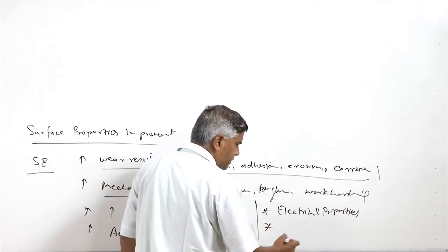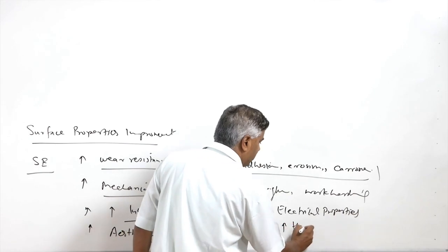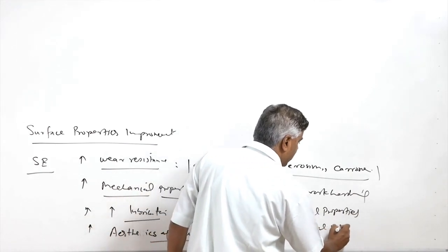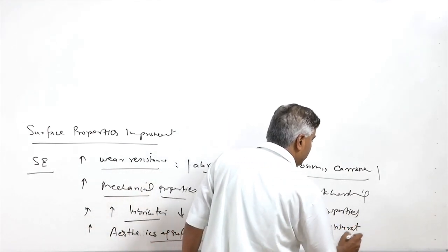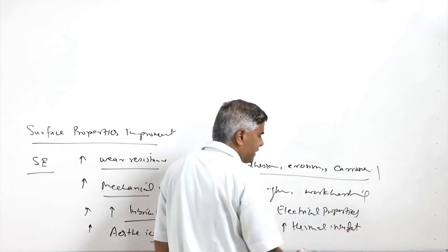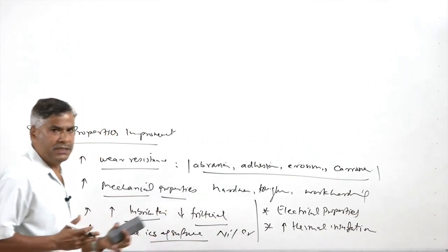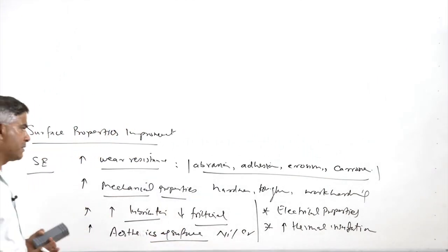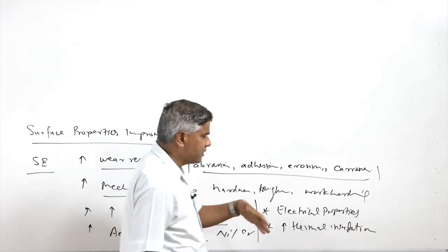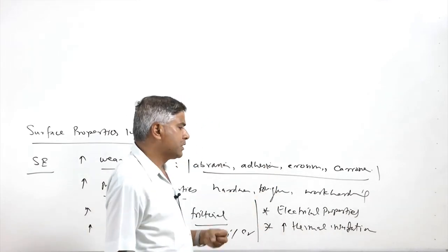There can be the purpose of increasing the thermal insulation, if you want to improve the thermal efficiency of the heat engines or other thermal based systems where we do not want the losses of the heat from the engines and from the turbines.